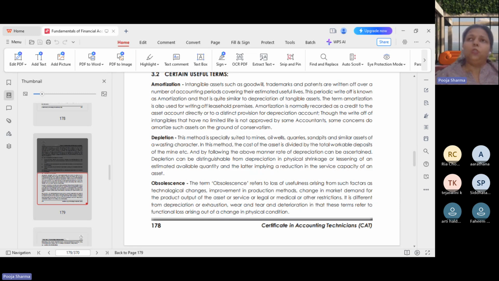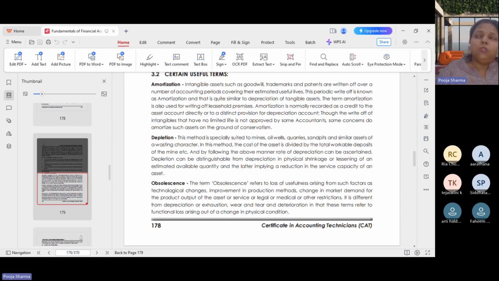Now, obsolescence. What is obsolescence? Sometimes we use a fixed asset, like a plant or machinery that we have just purchased, but due to advancement of technology or physical existence or any other thing, it becomes obsolete.